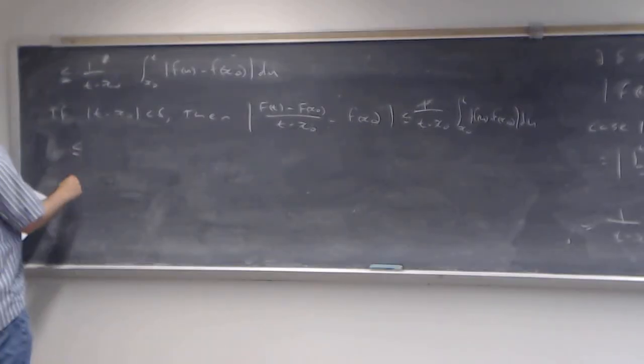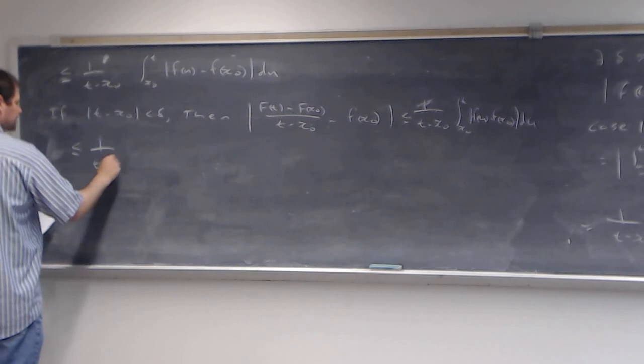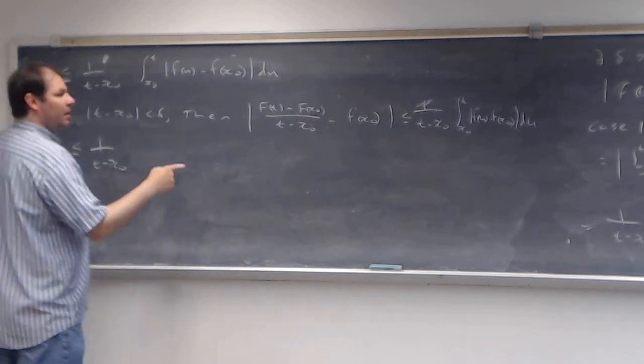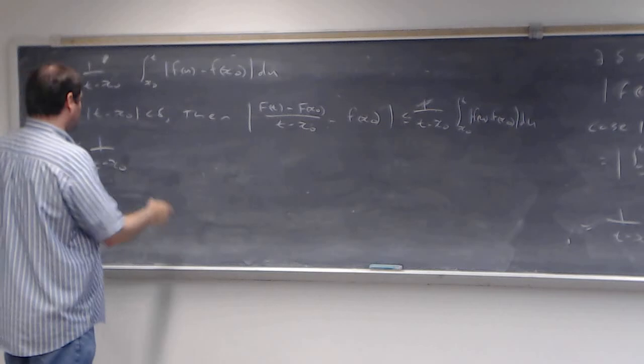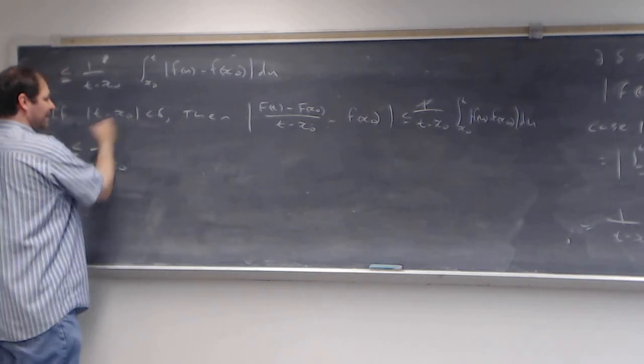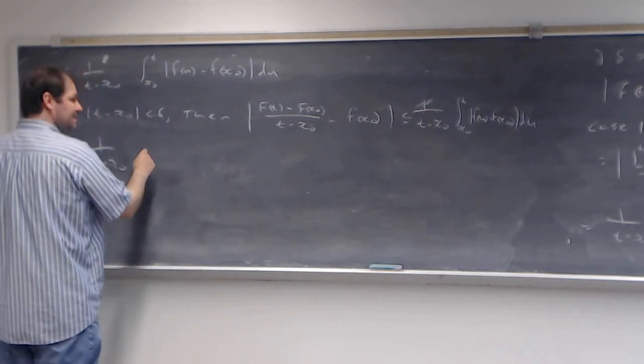Now, if the absolute value of t minus x naught is less than delta, then the original expression we're looking at, the absolute value of F of t minus F of x naught all over t minus x naught, minus little f of x naught, is less than or equal to what we just wrote, 1 over t minus x naught times the integral from x naught to t of the absolute value of f of u minus f of x naught du. And then I can replace that absolute value quantity, because of the continuity of little f at x naught, by that being less than epsilon.